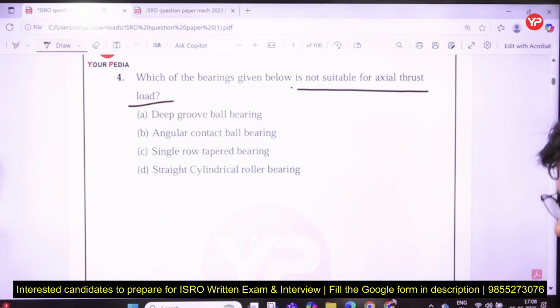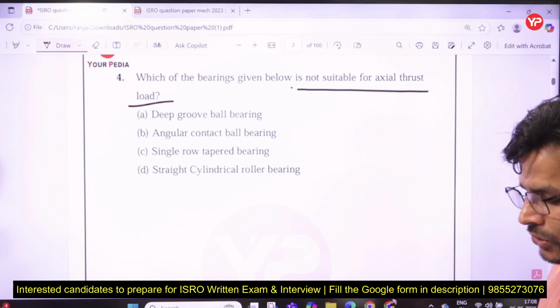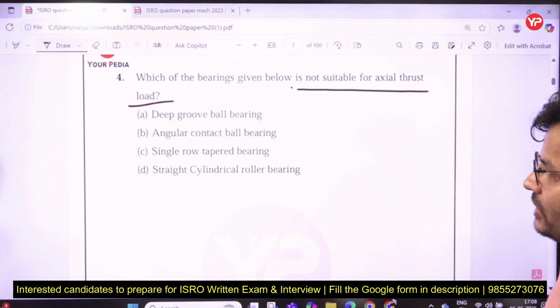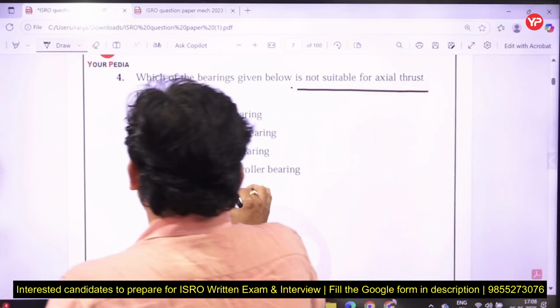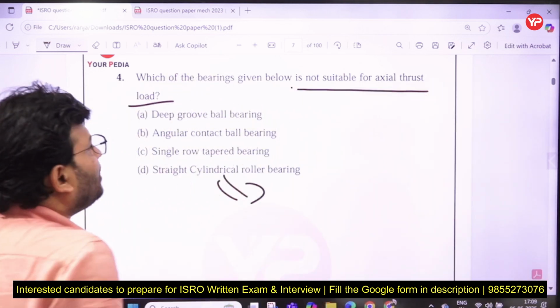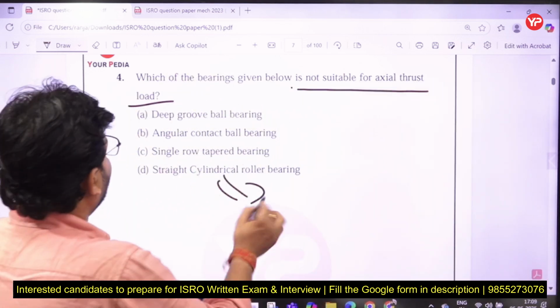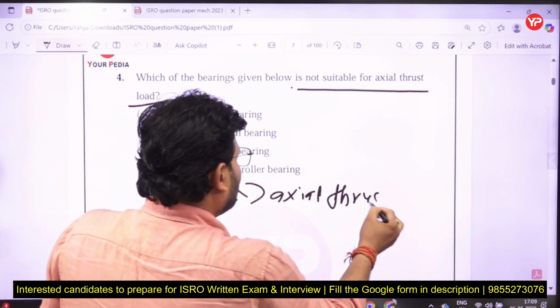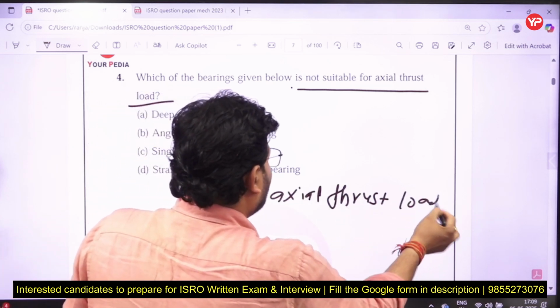See, a deep groove ball bearing can handle radial as well as axial load, but its axial capacity is limited. A straight cylindrical roller bearing is designed to take radial load, not axial thrust load.